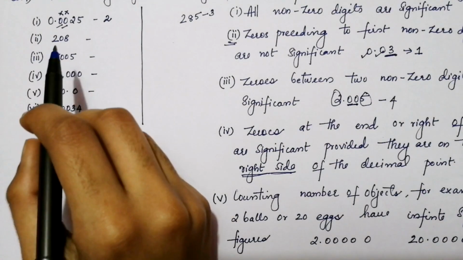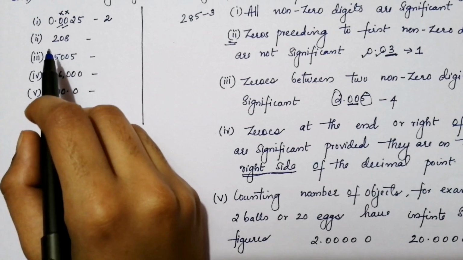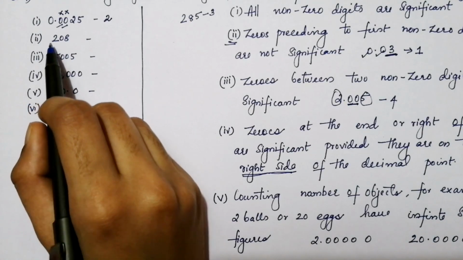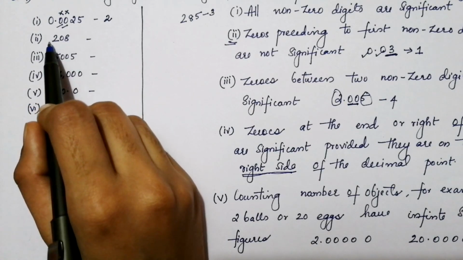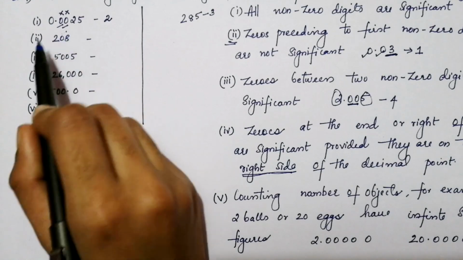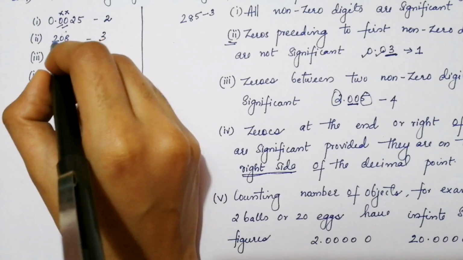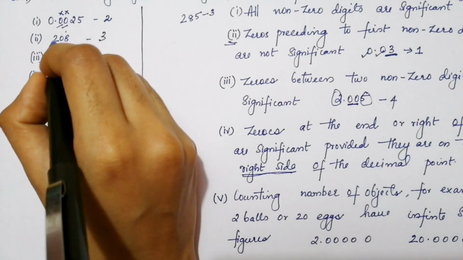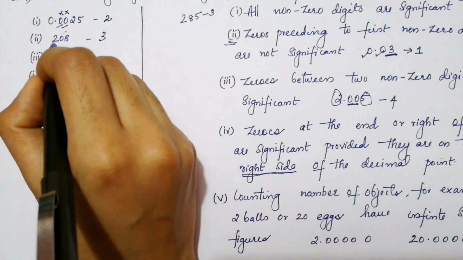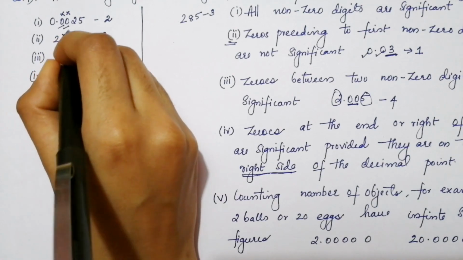Now the next question is 208. Here we have 0 which is in between two non-zero digits, hence this 0 is significant. So we have 3 significant figures because the 0 is in between this 2 and 8, and this 2 and 8 are significant. So we can say this 0 is also significant.